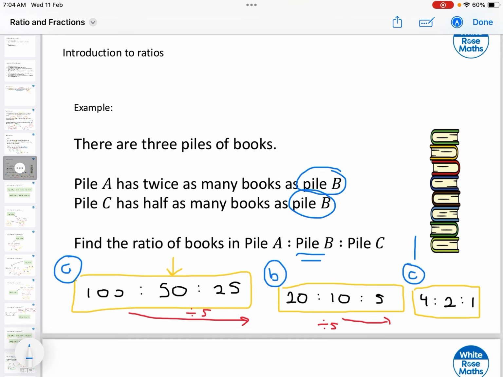For example, if I read ratio C, what I can see there is that the one in the middle, 2, is half of the first one, 4. And then the last one is half of the one in the middle. Or if we want to compare the last one with the first one, then the first one is 4 times the last one. So there's a very easy way to compare them, and that helps a lot in terms of knowing what is the comparison between amounts.